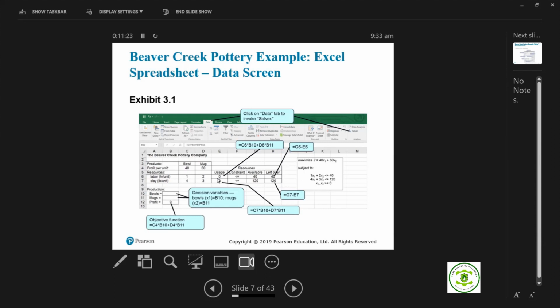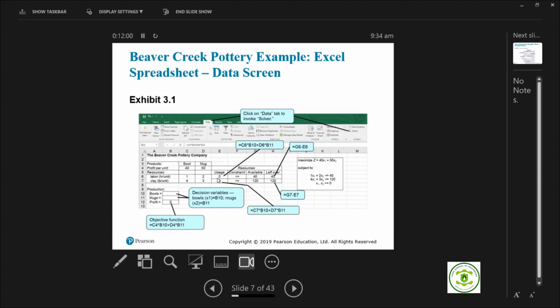So if you want to resolve it, you just need to delete the values for bows and marks. Those are the changing values. I don't delete this one because this is a formula. If you delete this one, you have messed the sheet up. This zero is a formula. This is also a formula.